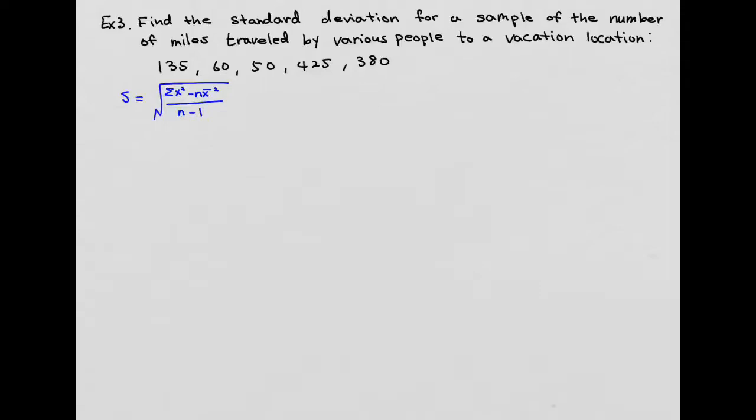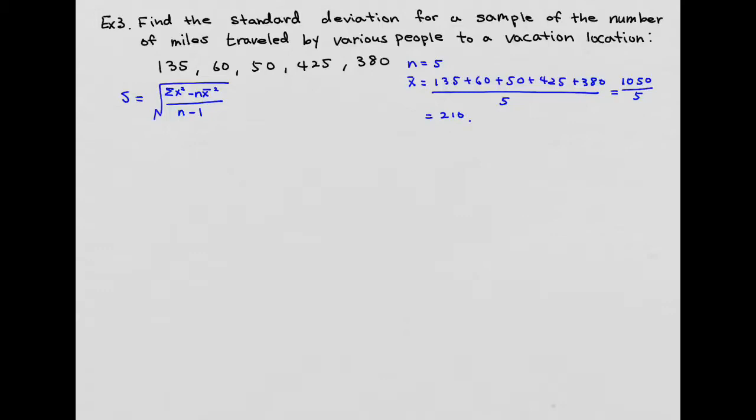So I know my n here is going to be 5. And we need to find the mean. Our mean is going to be adding up the data divided by the number of data, which is 1050 divided by 5. So your mean is 210.